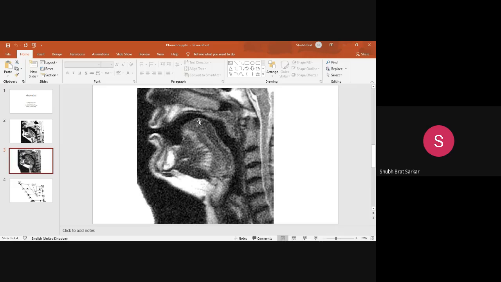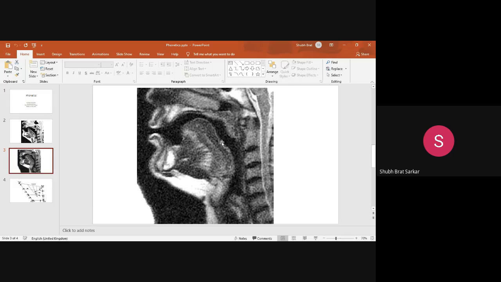In English RP we have 12 monophthongs, and these can be classified according to the articulators involved into front vowels, central vowels, and back vowels.